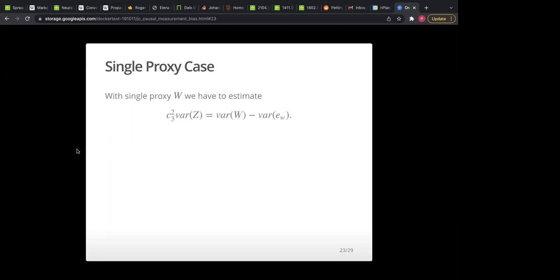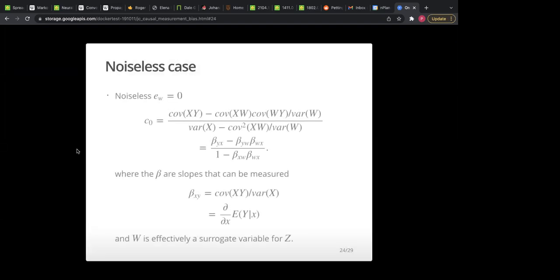So we have to understand what the signal-to-noise ratio in W is, and if we have that, then we can estimate the rest. Next click, please. So in the noiseless case, again, it reduces to the standard calculation, where exactly W is a surrogate for Z.